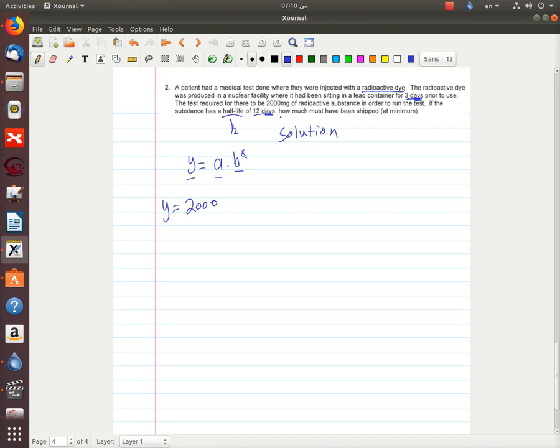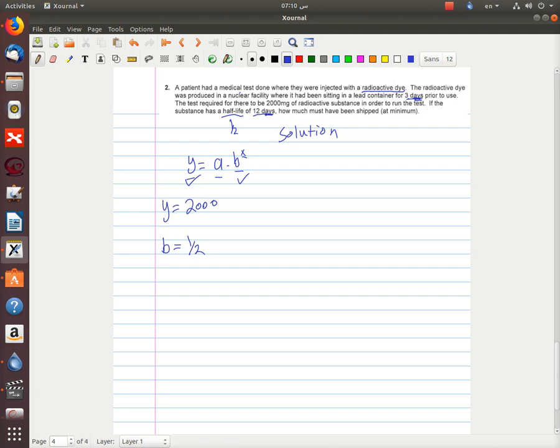So if we thought thoroughly, we're gonna find that half-life, this one, is b. So b is half, right? And now we've got y, we've got b, we still have a and x. So what could x be?